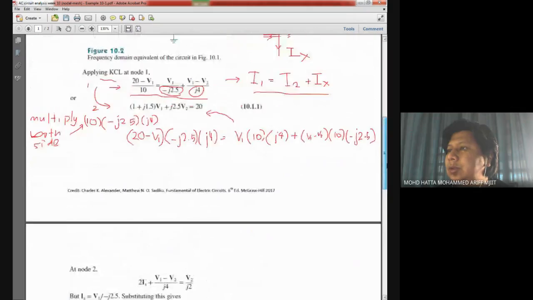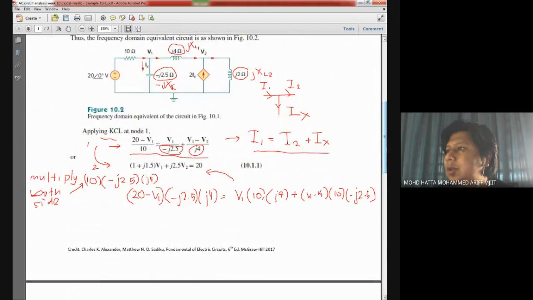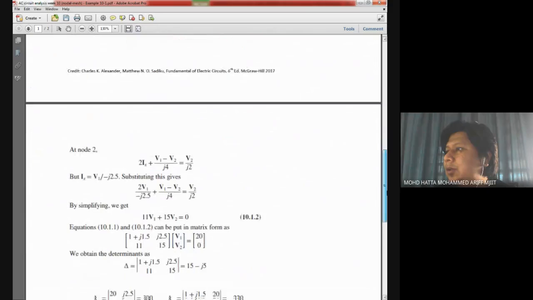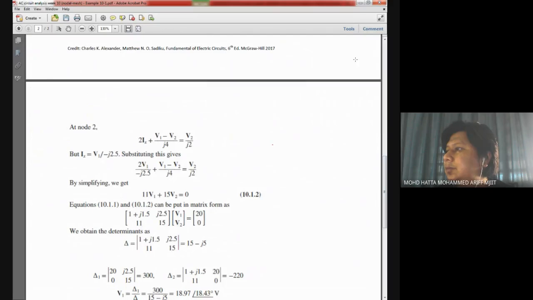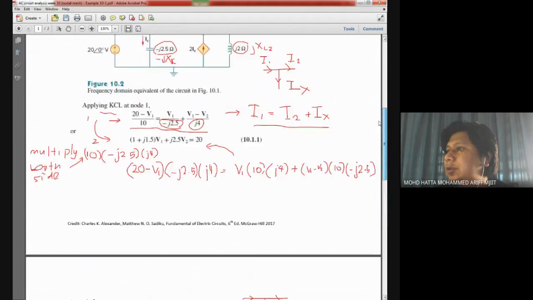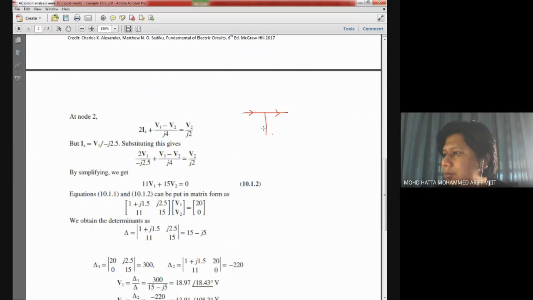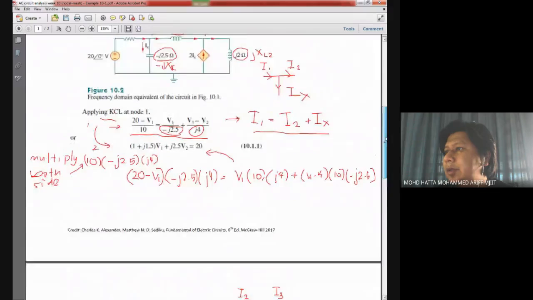At note number two, I draw it here first. I have I2 previously over here. Maybe this is the new current that I got, and maybe this one is already given in the question. It's 2Ix, I believe.